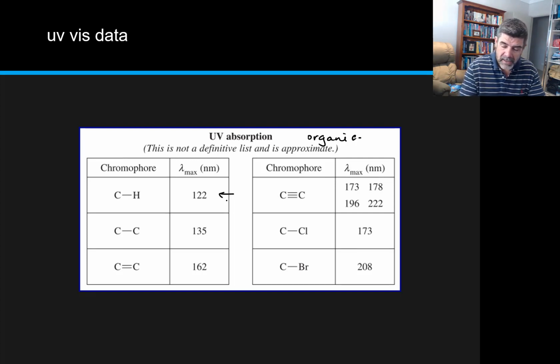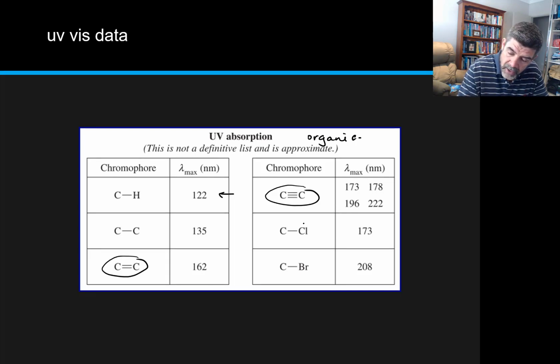And you can see that, as we've talked about before, primarily what we're looking for are pi bonds, which are present in double or triple bonds, or we're looking for lone pairs of electrons, unbonded electrons, and they're most commonly found on oxygen, nitrogen, and also on the halogens.